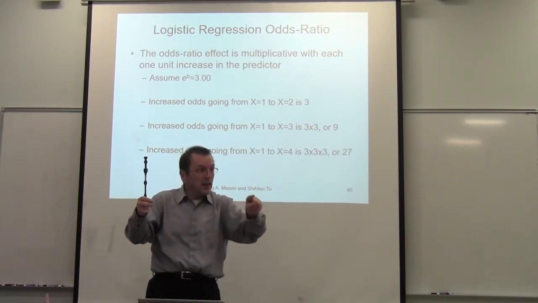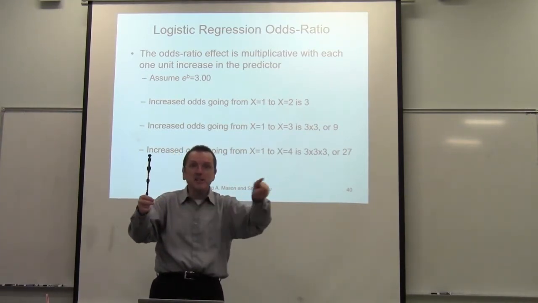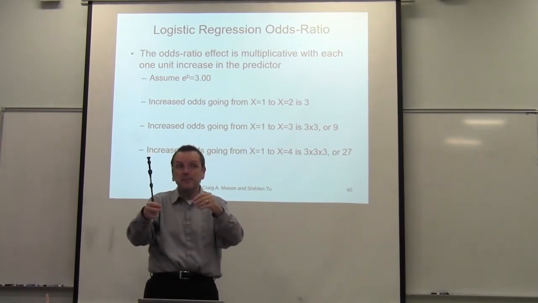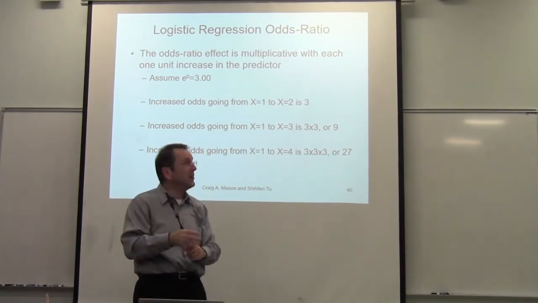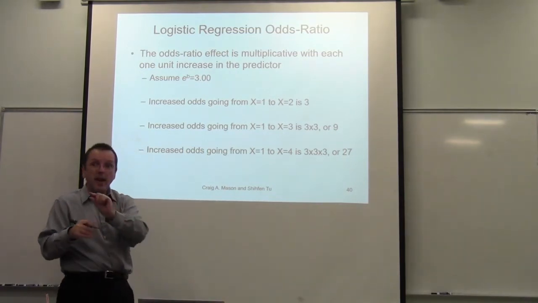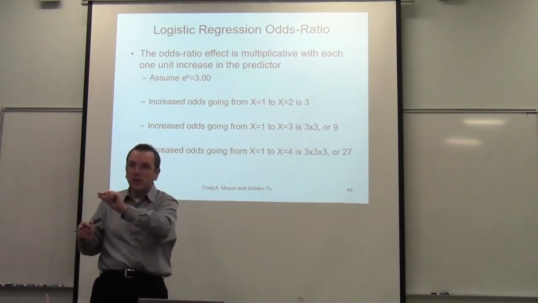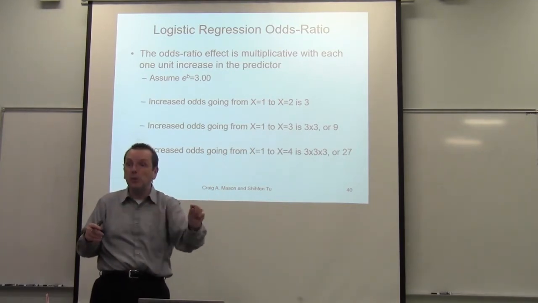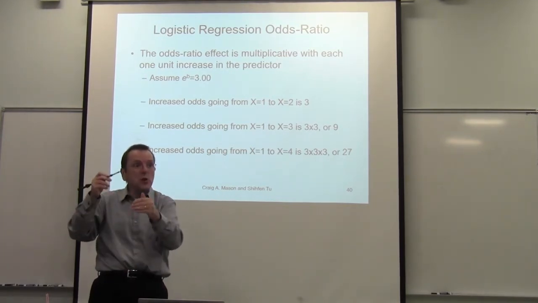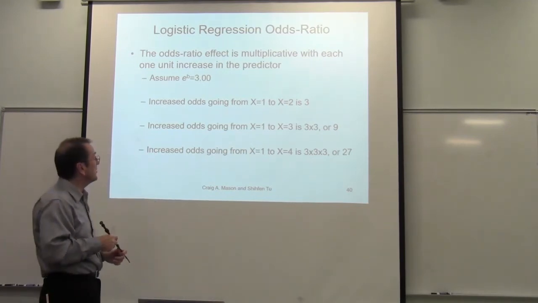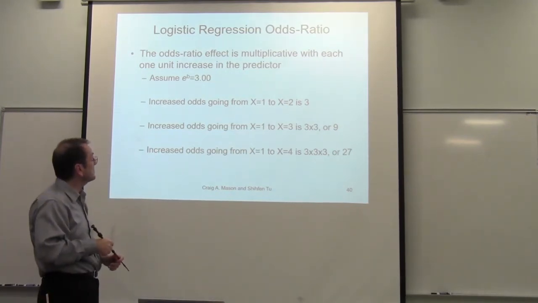And those 2's are going to add up. Doubling 10 times is going to add up more than tripling 3 times. So it's a little trickier to interpret. Having variables on similar scales for your independent variable can help to make the odds ratio magnitudes a little more aligned with each other across that range.